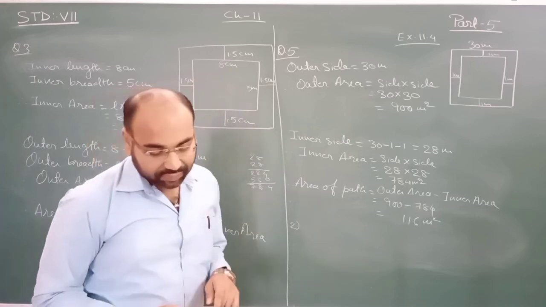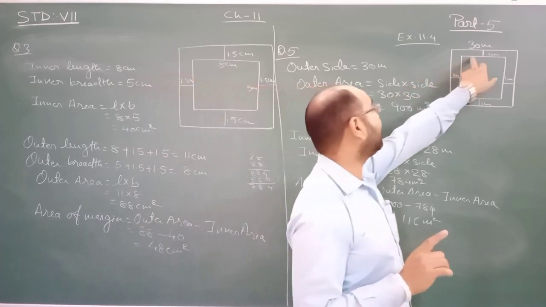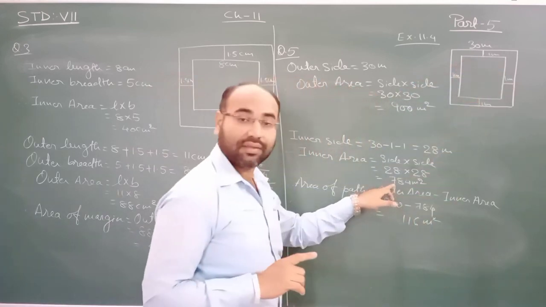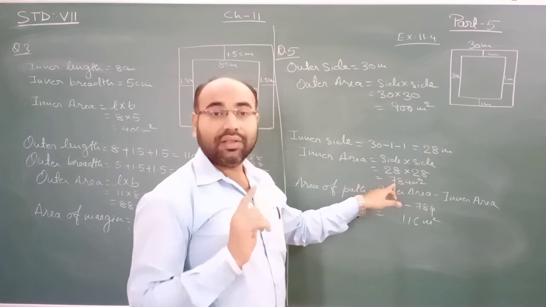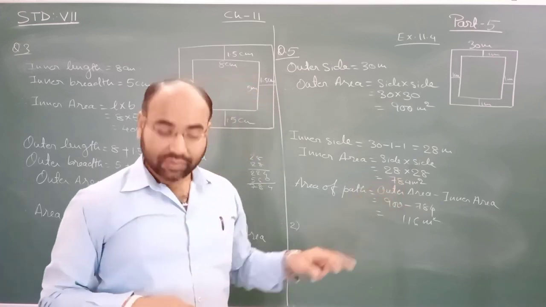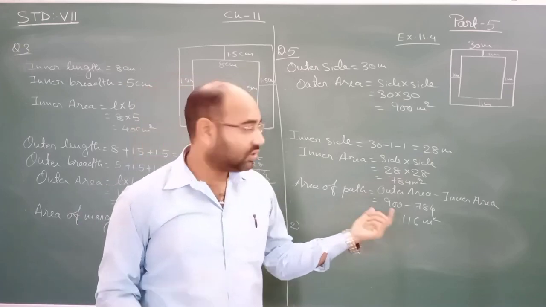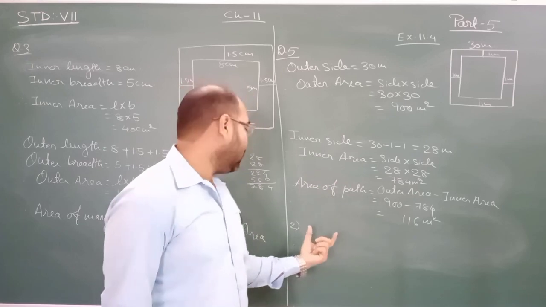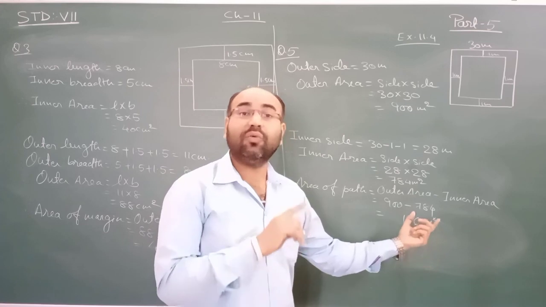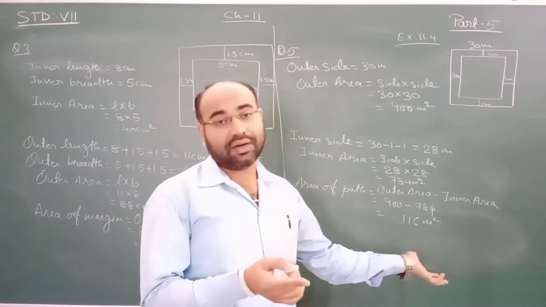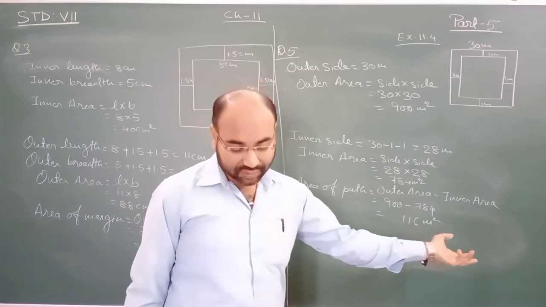Now second part is given that cost of planting grass in the remaining portion of the garden। तो remaining portion of the garden कितना हमको find out किया हमने, 784 meter square। तो second part you have to do it because as it is given cost for planting the grass, so what statement you will write, cost of planting grass, planting 1 meter square grass, or you can say planting grass in 1 meter square is equal to rupees 40.